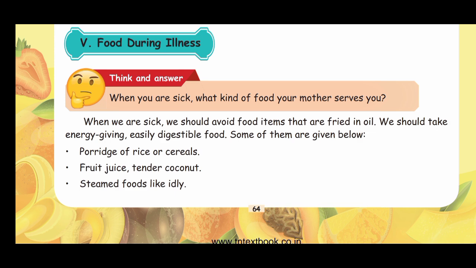Energy giving means it should provide us energy to recover from the sickness and it should be easily digestible. When we are sick, our digestive system will be weak. So we should not put heavy items so that it cannot digest and again it will cause many big problems. So first avoid heavy food items when you are sick.